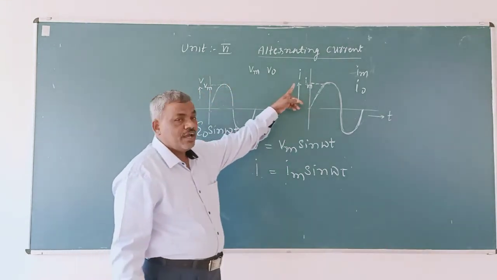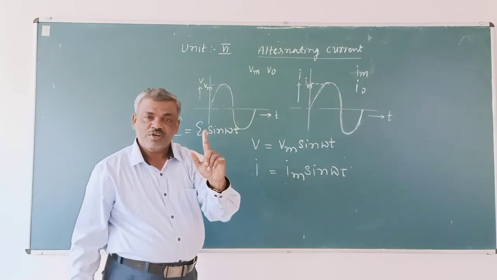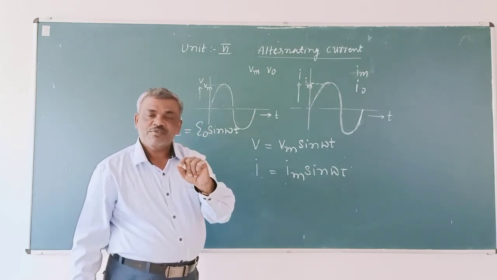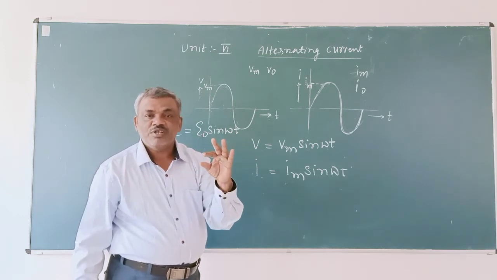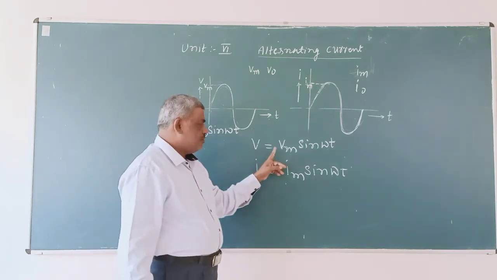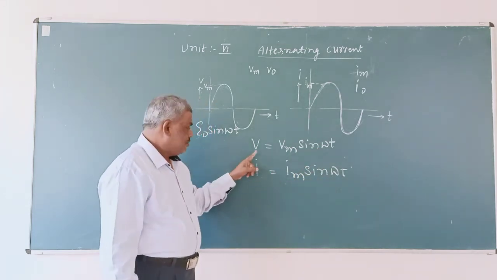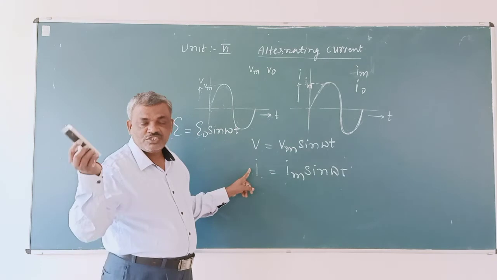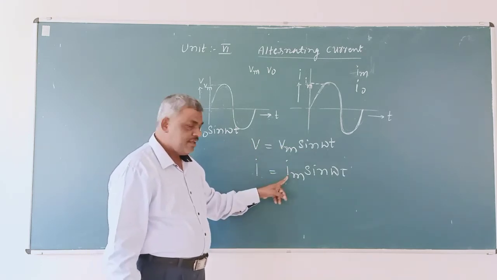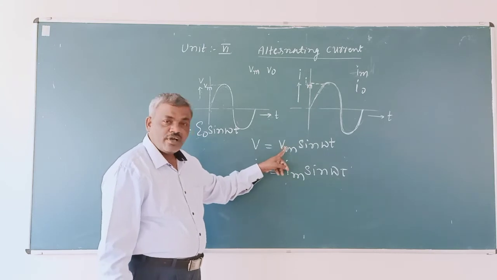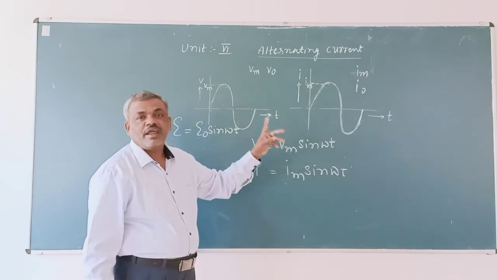Instantaneous value: the value of alternating voltage at any instant of time is called the instantaneous value of alternating voltage and current. So V equal to Vm sin omega t, I equal to Im sin omega t, where V and I are instantaneous values, and Vm and Im are the peak or amplitude.